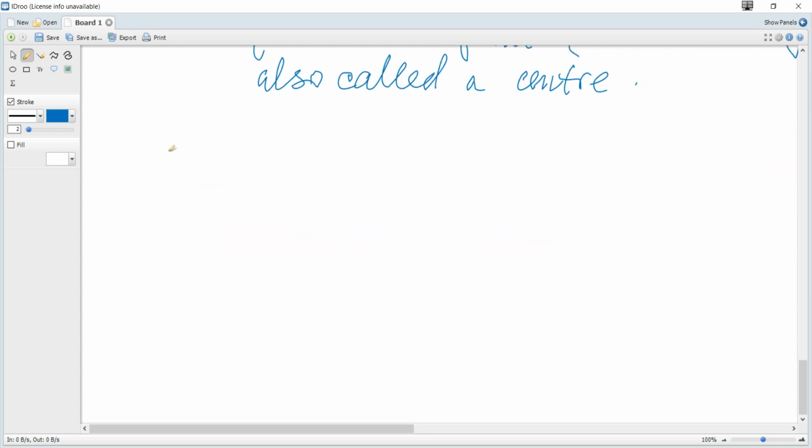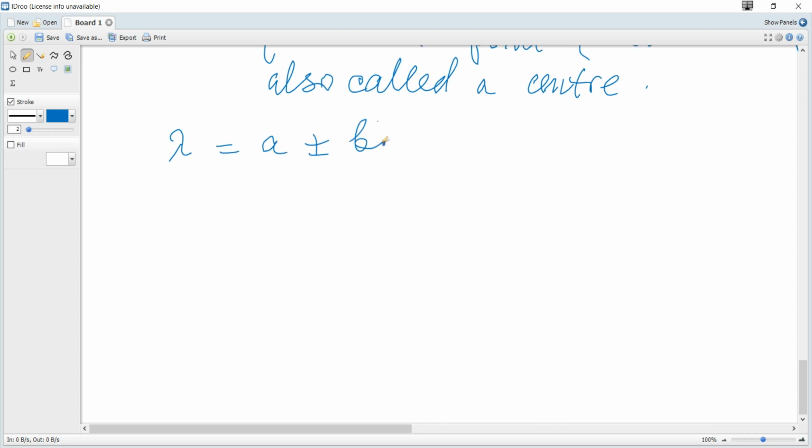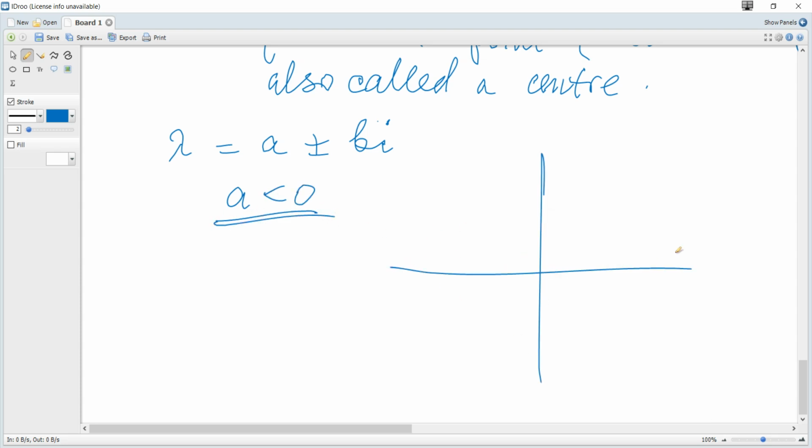And if lambda values are complex, but the real part is negative, trajectories approach the origin in a spiral manner. The origin is an asymptotically stable focus. It's a spiral sink.